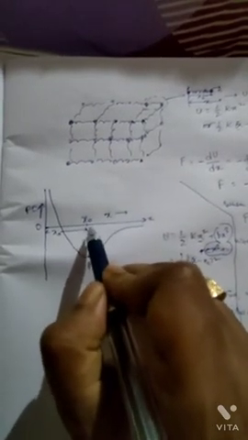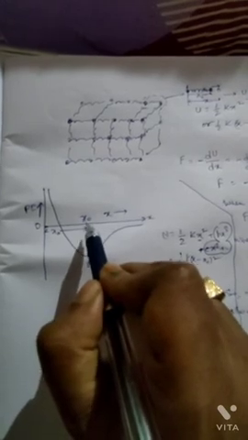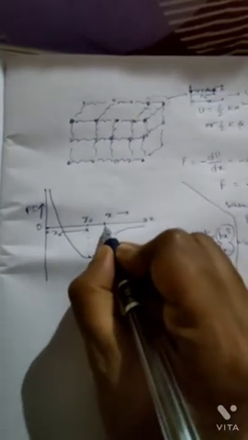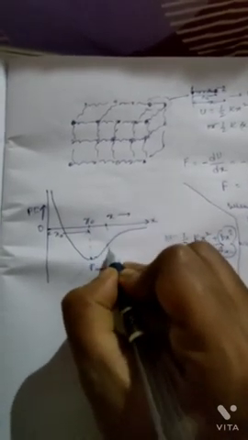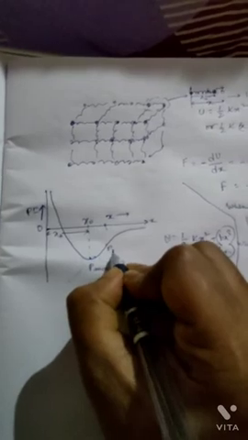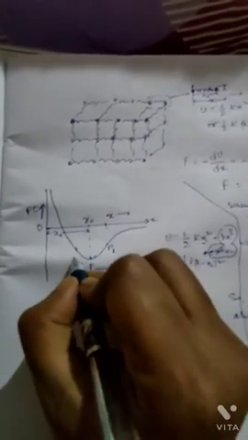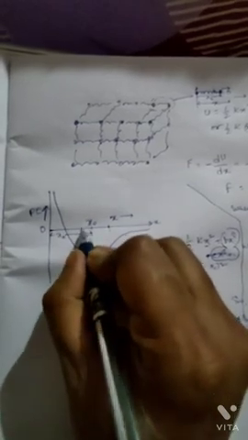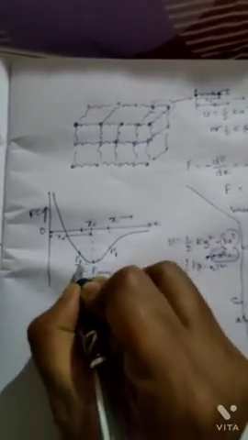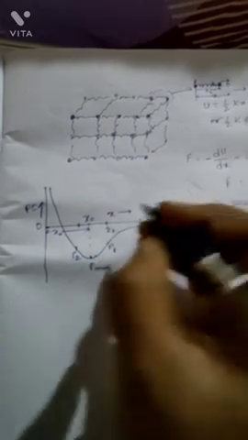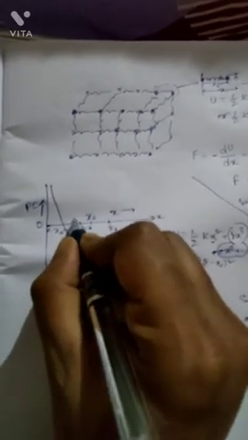Now suppose we apply a force and increase this interatomic distance from x naught to say here, the corresponding energy is P1, and here suppose we compress it till this point, it is P2. Now this one is x1, this one is x2.